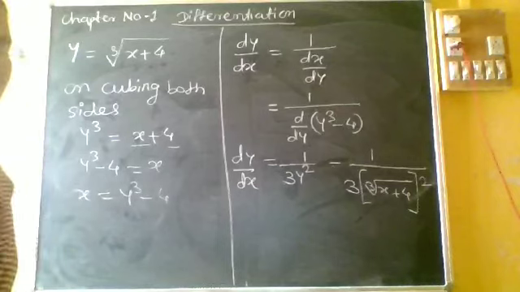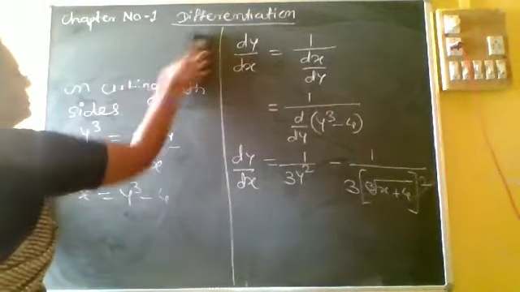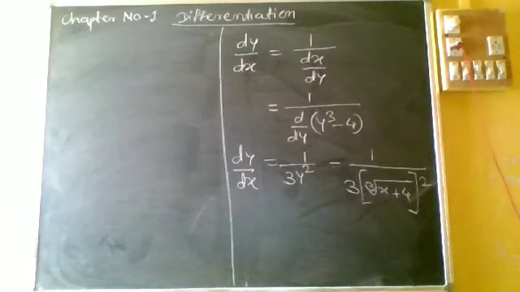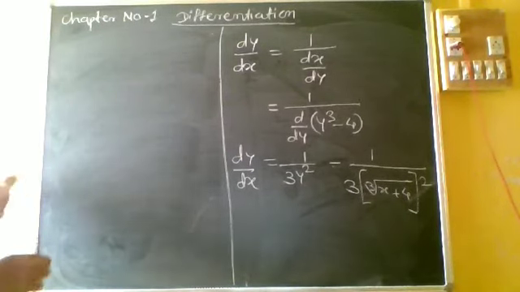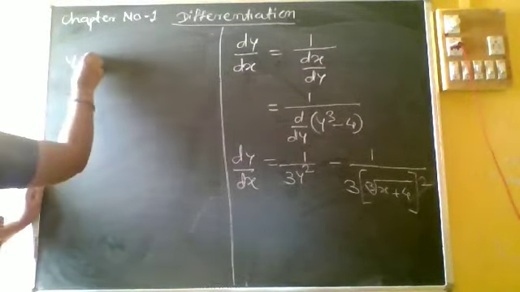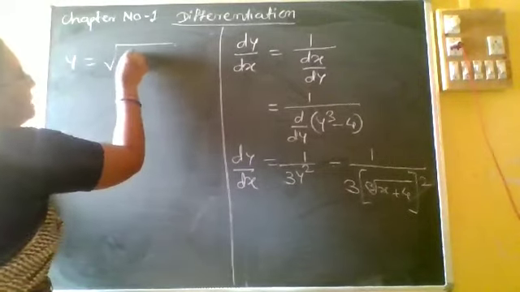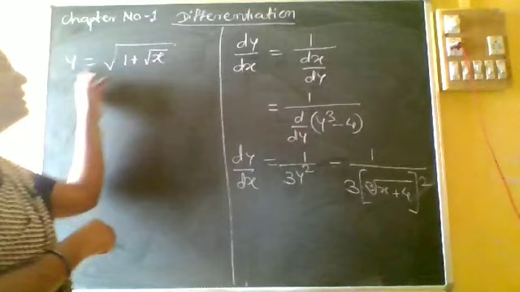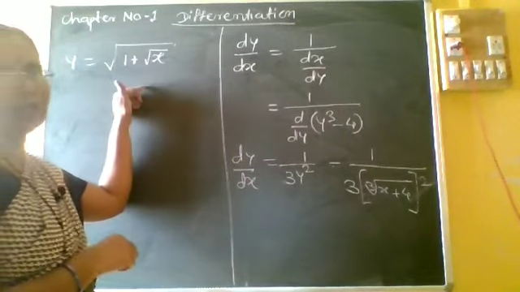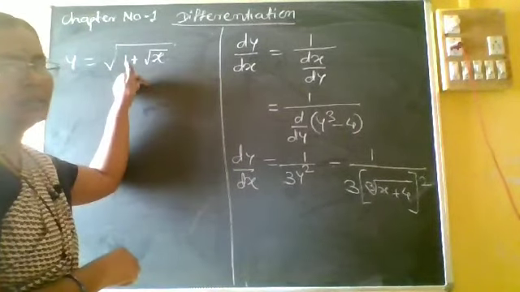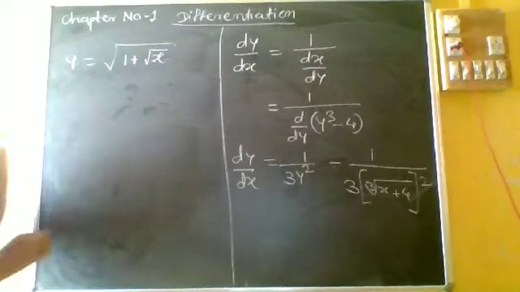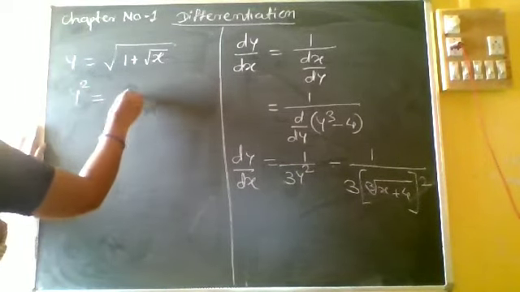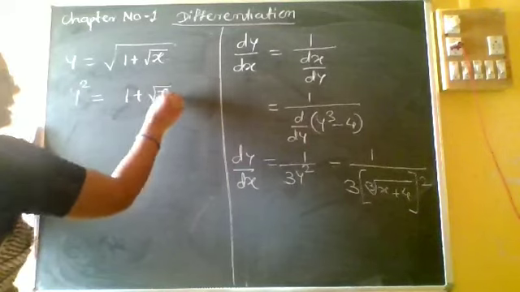Let us take the next example, that is y is equal to under root of 1 plus root of x. Y is written in terms of x. We have to write x in terms of y. On squaring, we get y square is equal to 1 plus root of x.